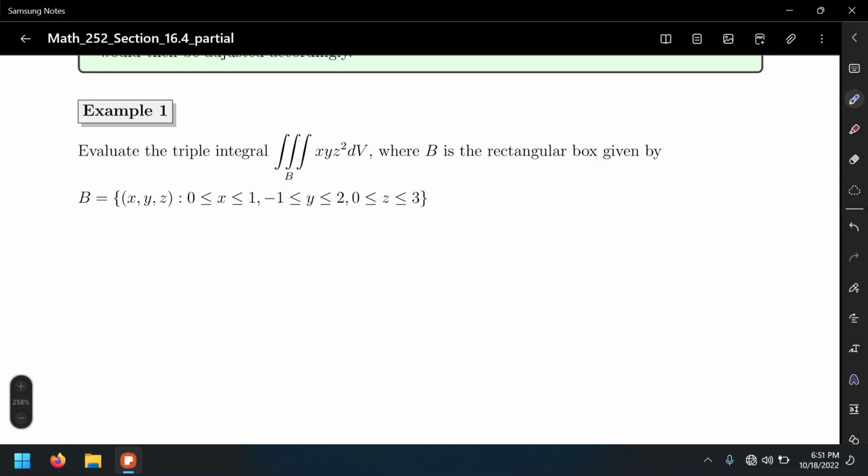All right, so let's set up the triple integral, and that's x. I'm leaving some space for the limits. x y z squared, and we can go dz, dy, dx, in our favorite order, because look at the limits of integration for each direction, x, y, and z.